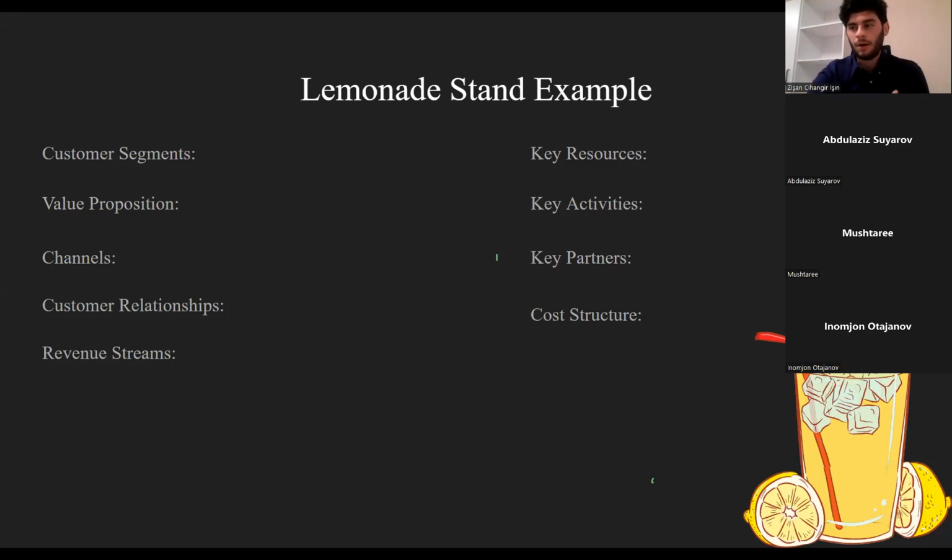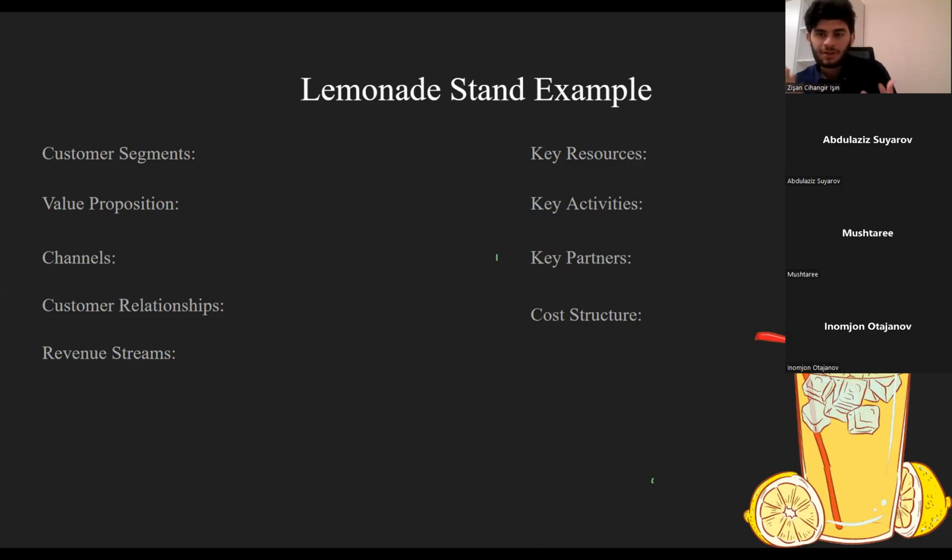We are offering lemonade to them, and they don't have to sit down and drink their lemonade. We can just take their money, give them the lemonade, and they can continue. The value we are serving the customers is tasty lemonade, a cheap, cold drink. It could be said as a value proposition in this case.